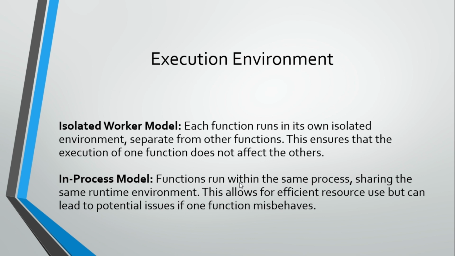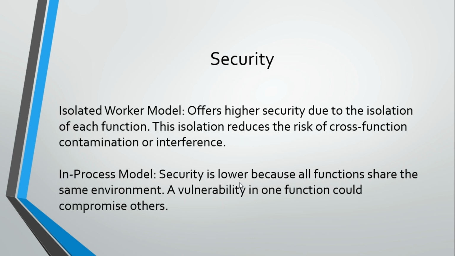In the in-process model, if an Azure function app contains multiple Azure functions and one function starts causing problems or consuming more memory, then the other functions can misbehave. It can also impact other Azure functions, right?